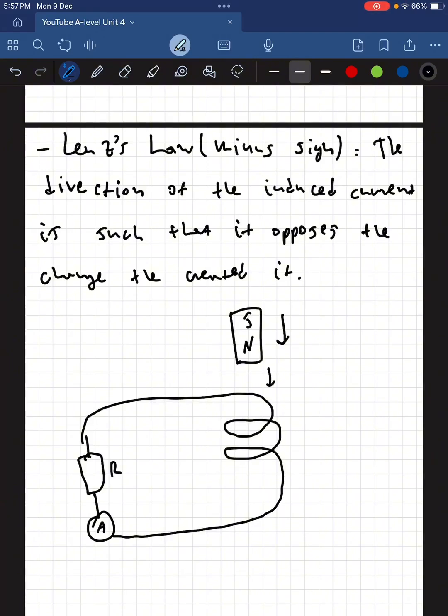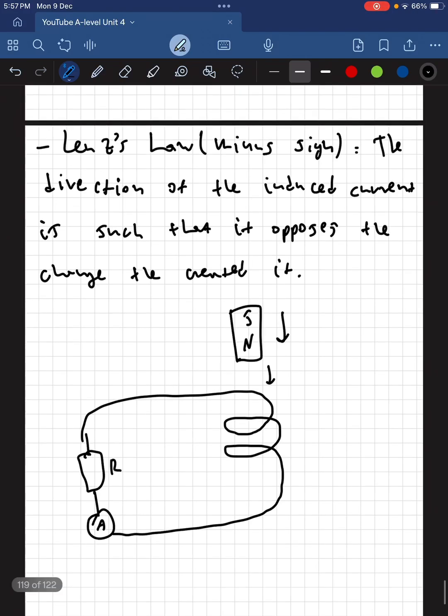Then when it approaches the coil, a current will be generated in a direction that points like that. And the reason is that, remember that if we curl our fingers in the direction of current, then our thumb points towards the direction of the induced magnetic field.